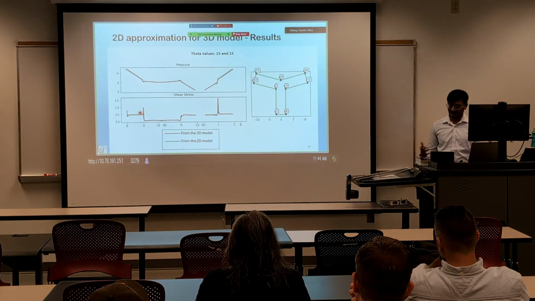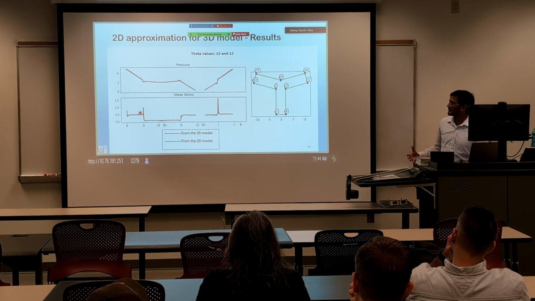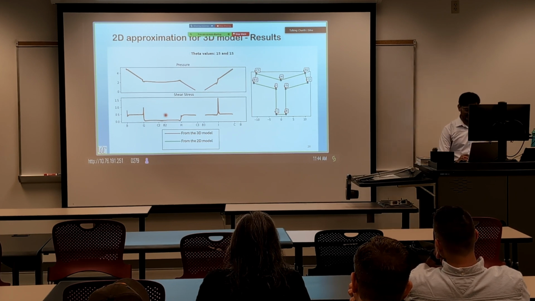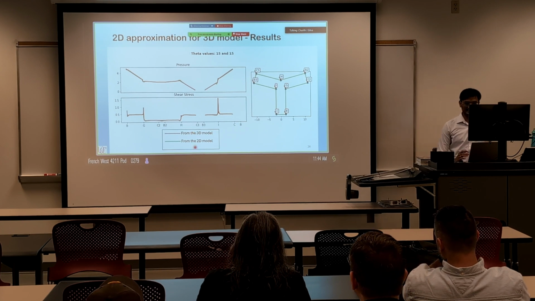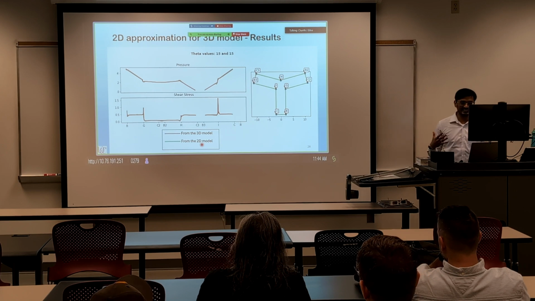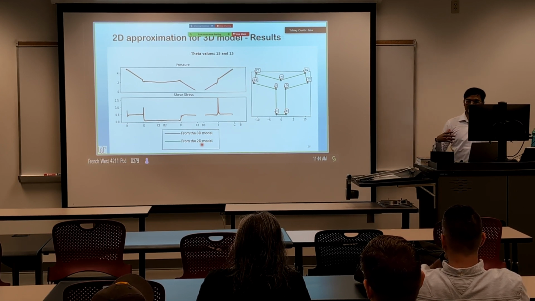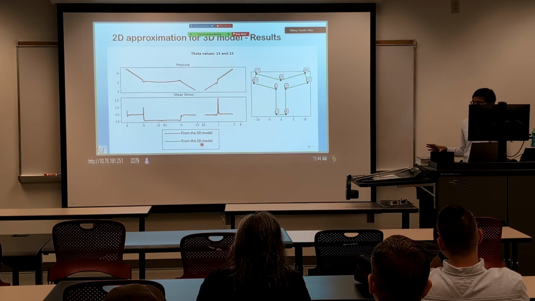All the graphs gave a very close relationship between the 3D structure and the 2D structure. Here the red line represents the 3D model, and the green one is the 2D model. You can see that it works really well, so this approximation works really well in this setting.